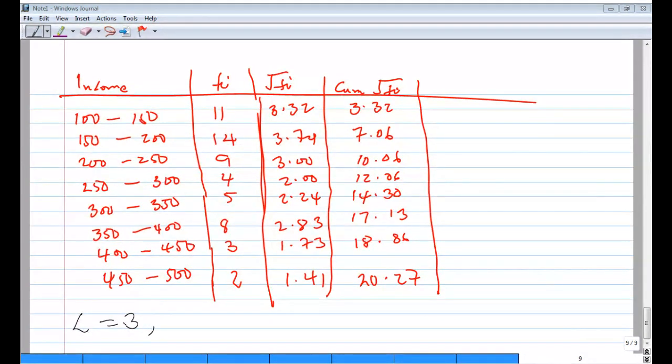Then later, you find the cumulative total. Cumulative total, in other words, is our T. Like I said before, it's the cumulative total of the square root of frequency. And the cumulative total there is what? You can tell me if you understood the previous example.